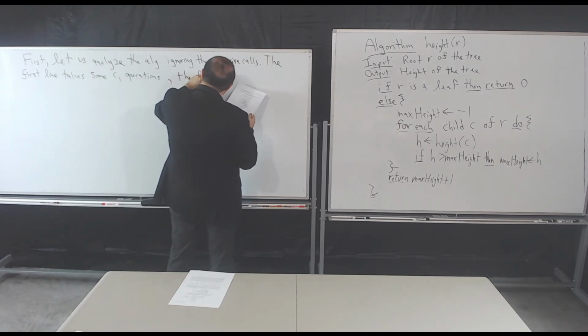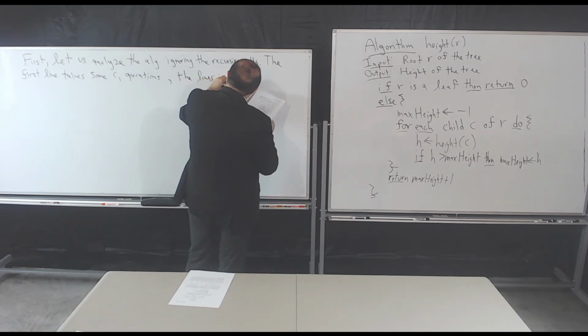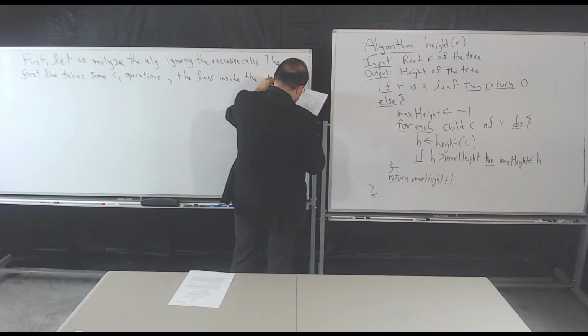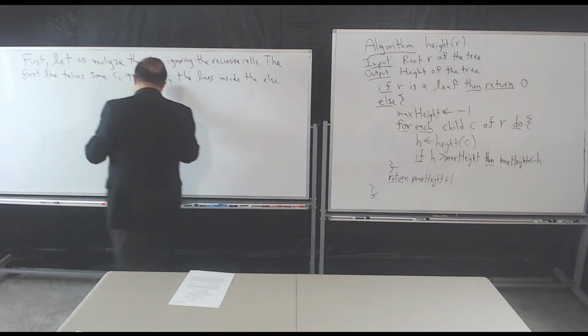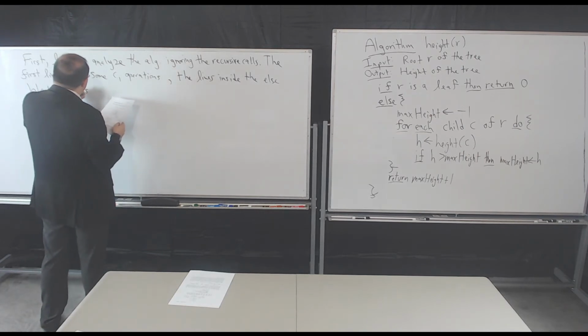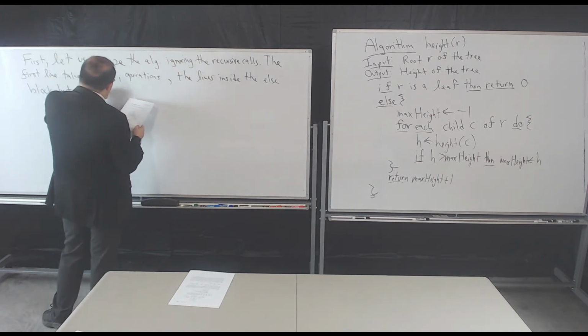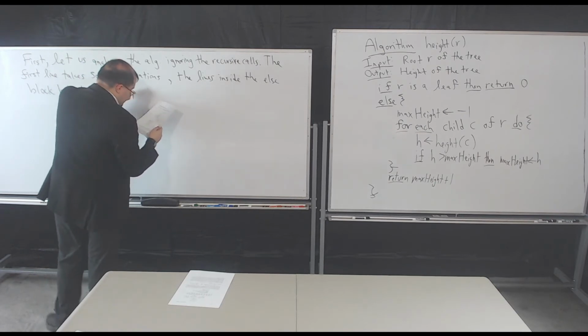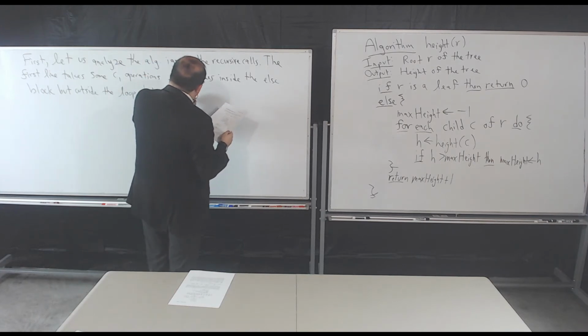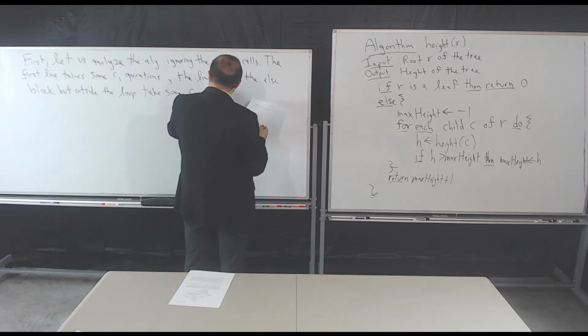The lines inside the else block but outside the loop take some C2 operations.